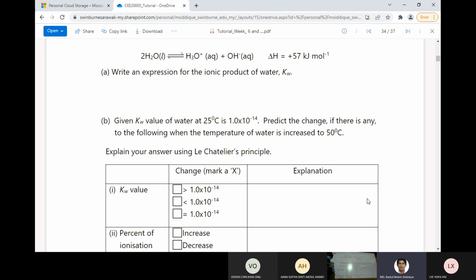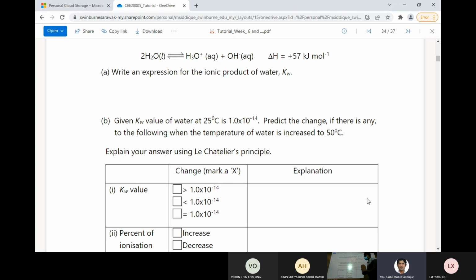Condition means temperature or pressure or concentration, anything. The system will move towards a side where it can attain an equilibrium again based on the new condition. So this is quite a simple thing, right?